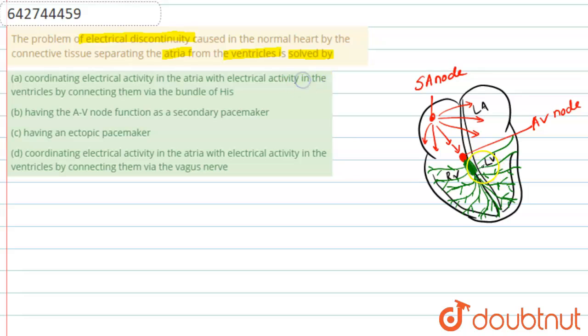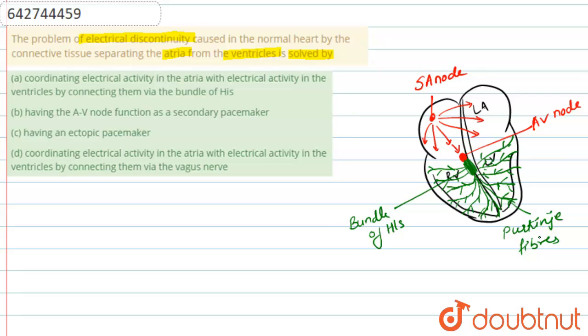So once the action potential reaches the AV node, it reaches the bundle of His that I have drawn here, shaded in green. From this bundle of His arise numerous thin Purkinje fibers, which further propagate the action potential to the walls of the ventricles, causing ventricular contraction.